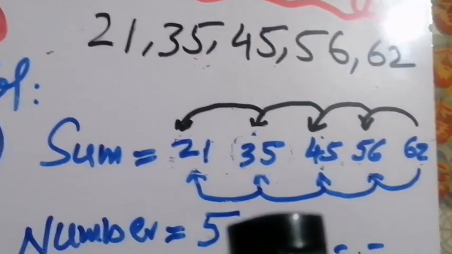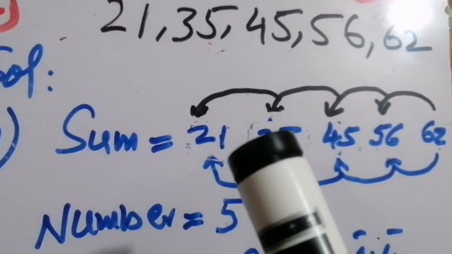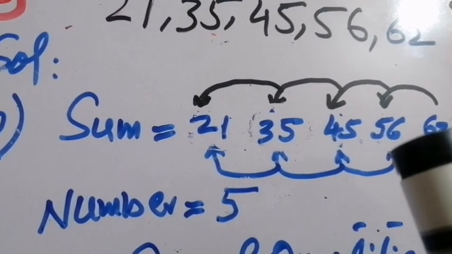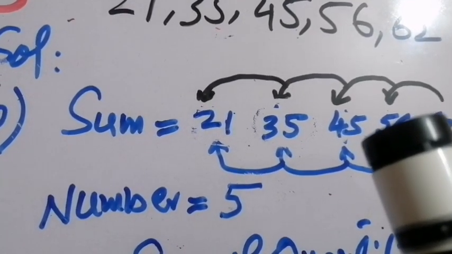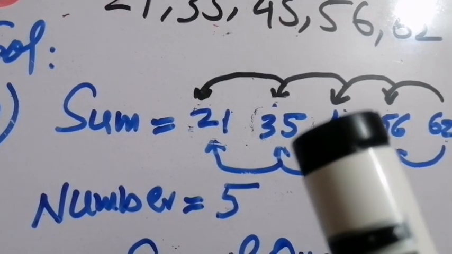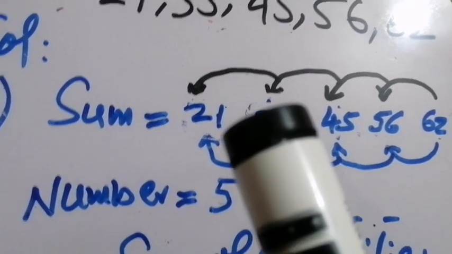So there are two ways. If you are going to do it horizontally, this is our first value. 2 plus 6 is 8, 8 plus 5 is 13, 13 plus 5 is 18, 18 plus 1 is 19.